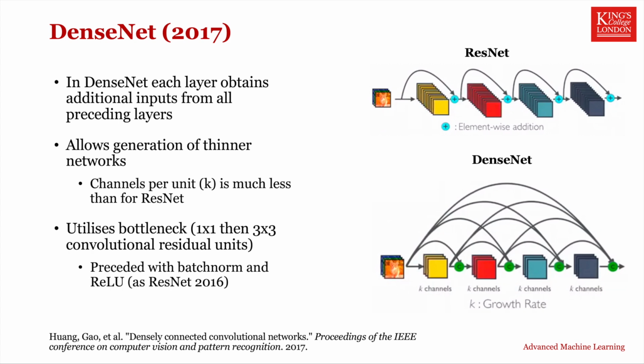So here, this extended on a standard ResNet by allowing skip connections or residual connections not only across a single block, but also across all subsequent blocks, which by contrast led to much thinner networks with fewer features learned at each layer.